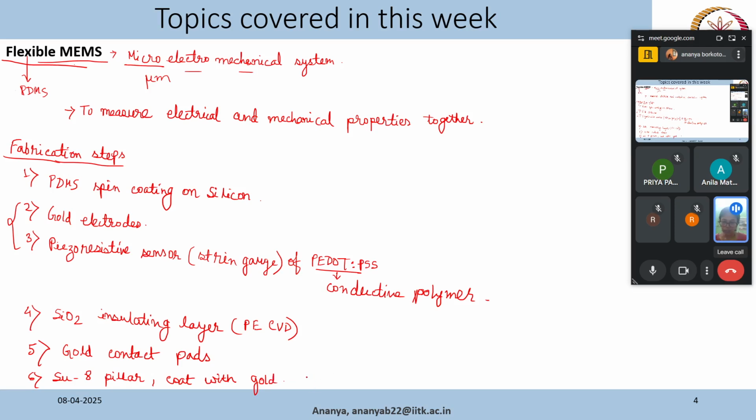And the last step will be to remove PDMS from the silicon substrate. So this is the fabrication flow. This is how we can make a MEMS sensor.